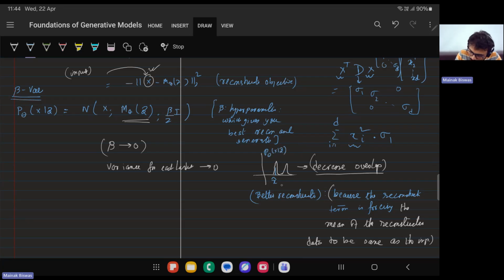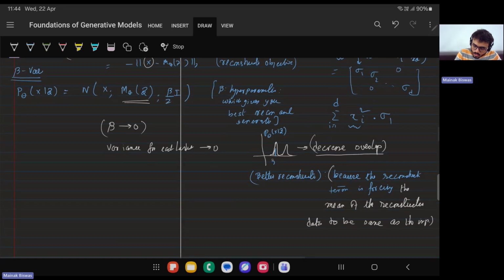If you had a large variance, you could have a larger spread around your x. So you are saying I don't want this variance, I shrink the variance. If I shrink this variance, I get better reconstruction.